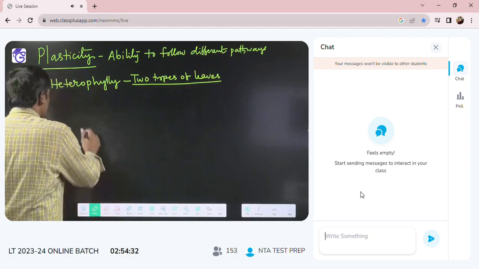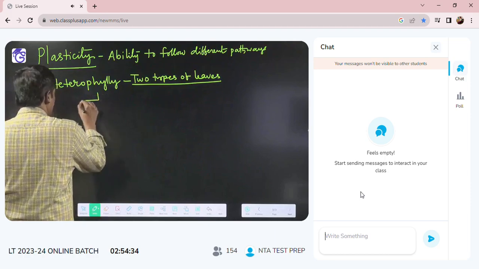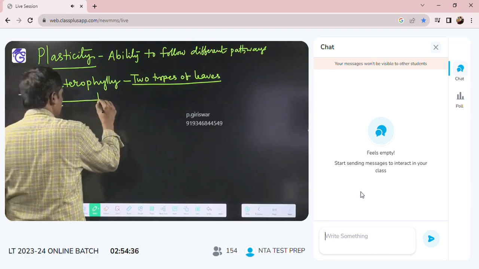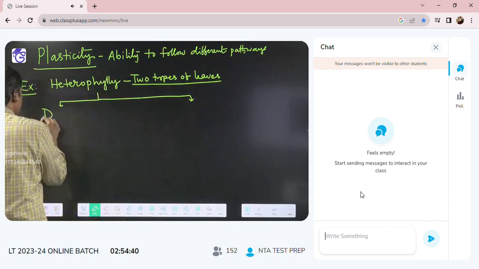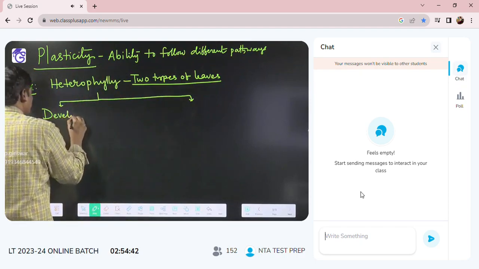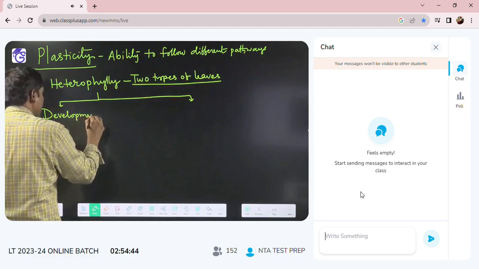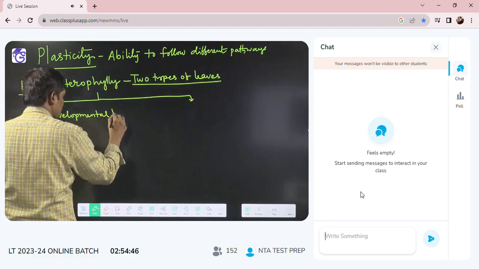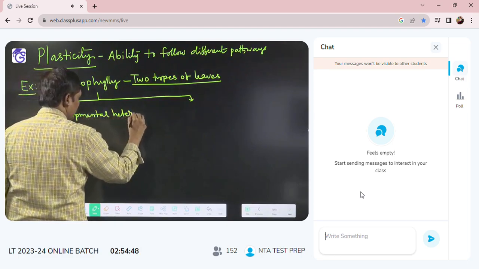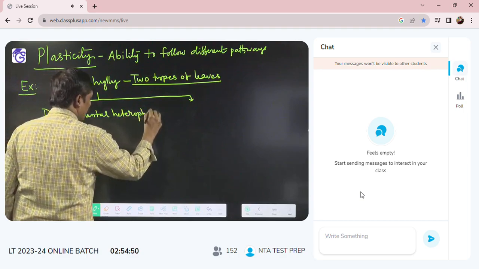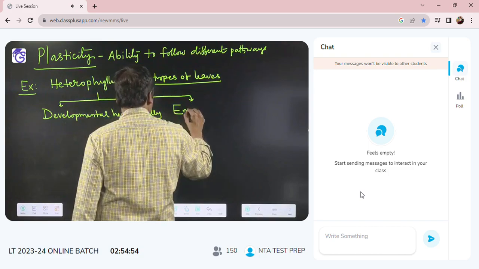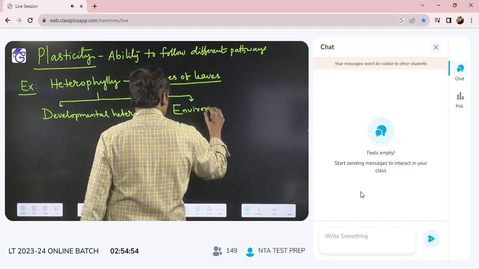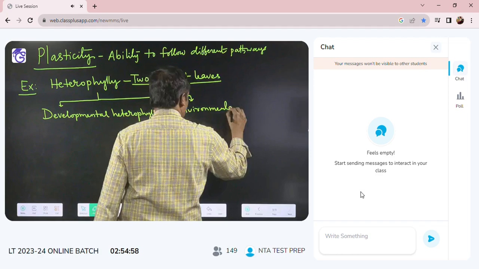And this heterophyly is of two types mainly. One is developmental heterophyly and the other is environmental heterophily.